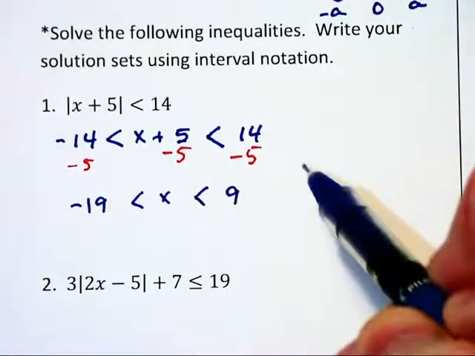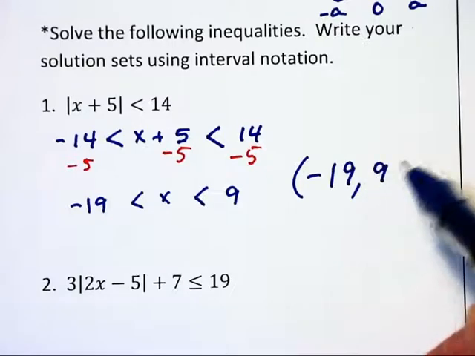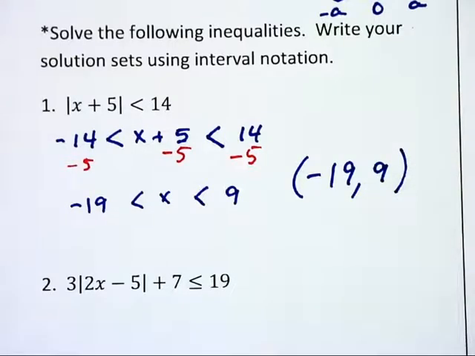And in interval notation, that would be the interval from negative 19 to 9, not including either of those endpoints.